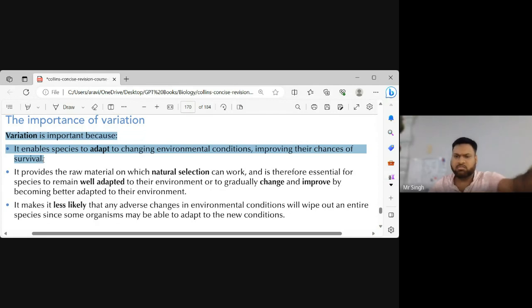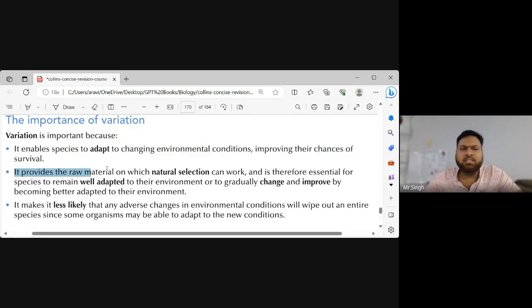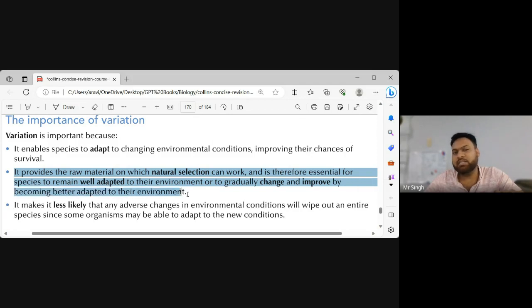We took a note on that a little earlier. It provides the raw material on which natural selection works and is therefore essential for the species to remain well adapted to the environment, or to gradually change and improve by becoming better adapted to the environment.